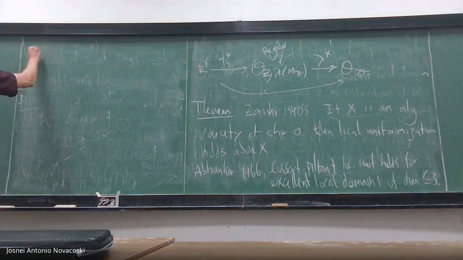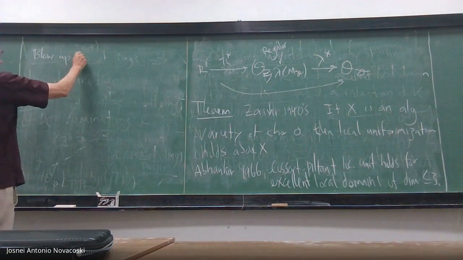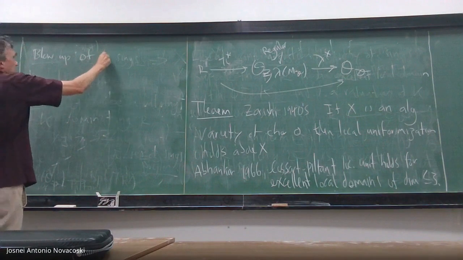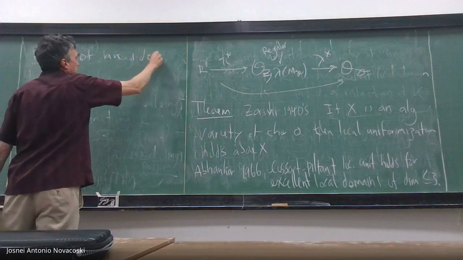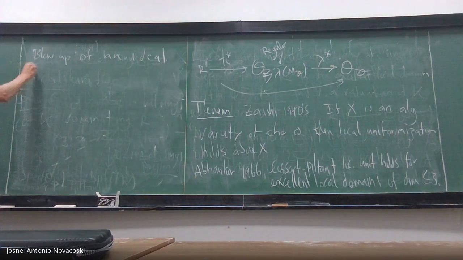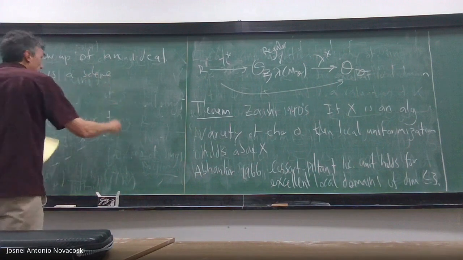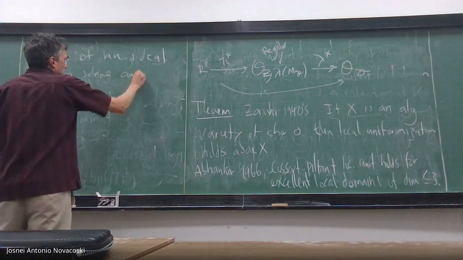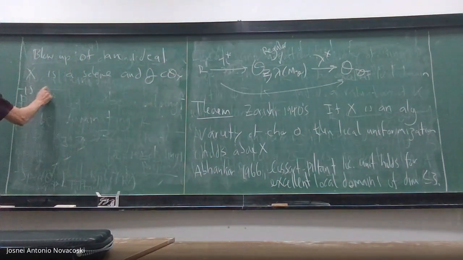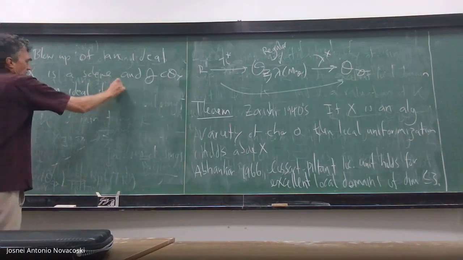So to begin with, let's learn what it means to blow up an ideal. Okay, so let's suppose that X is a scheme, and we have I contained in OX, an ideal sheaf. Okay, so what does this mean?